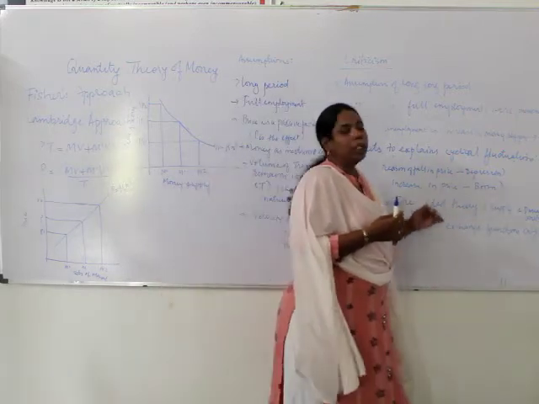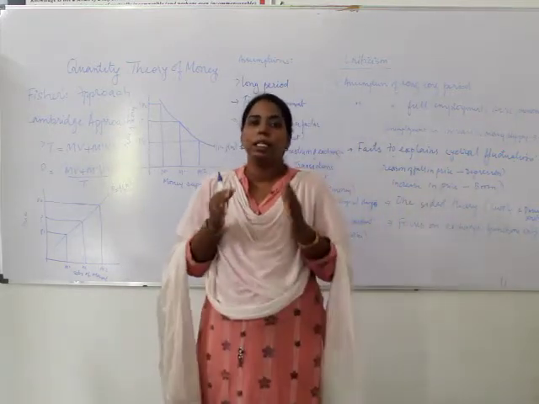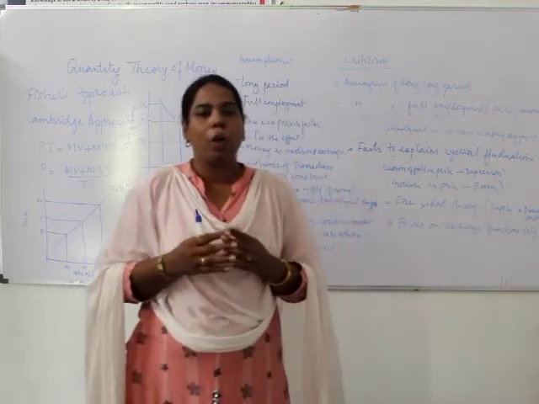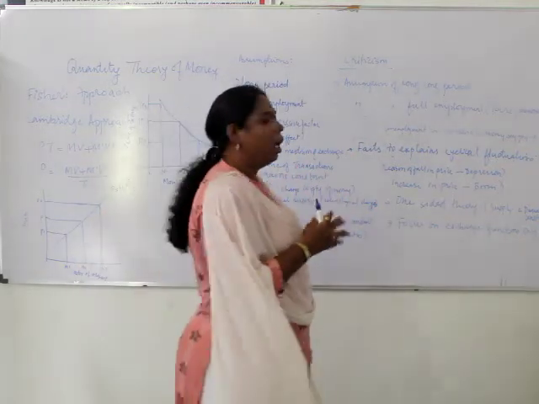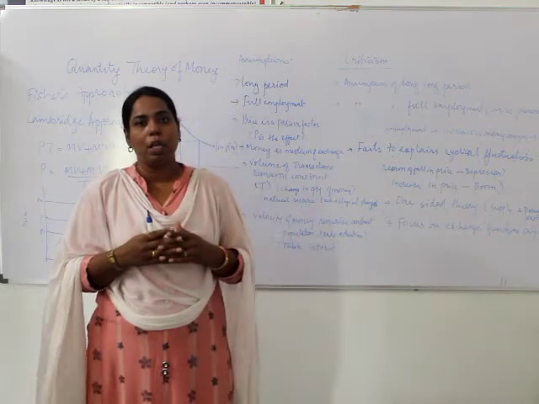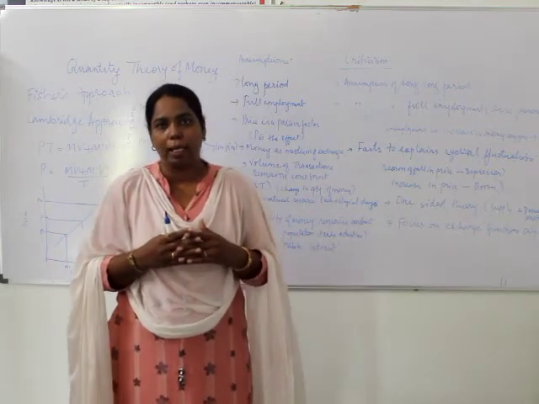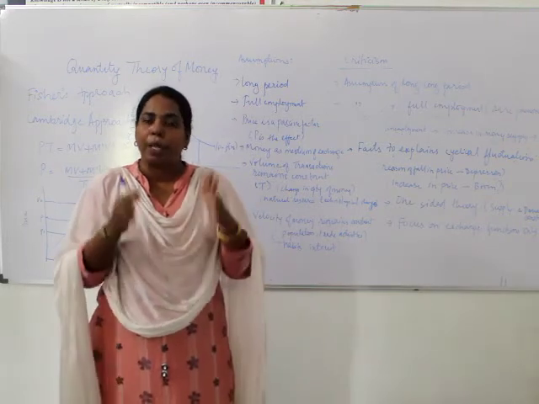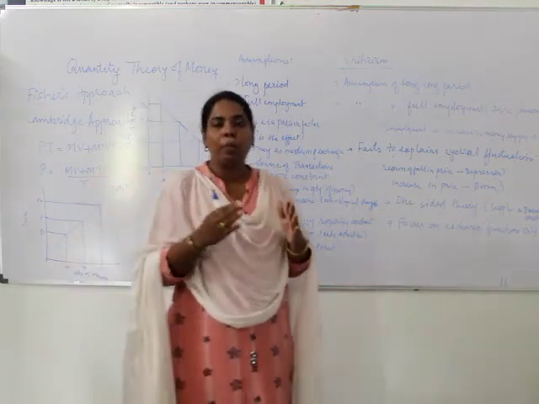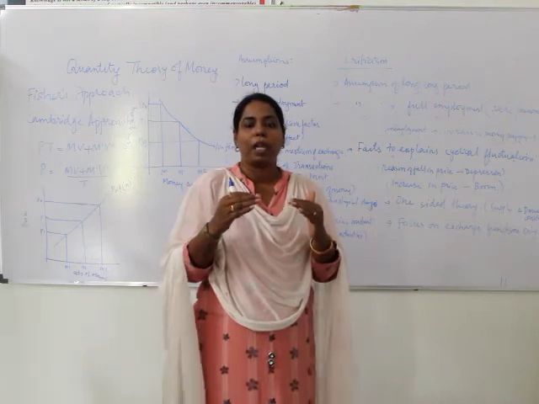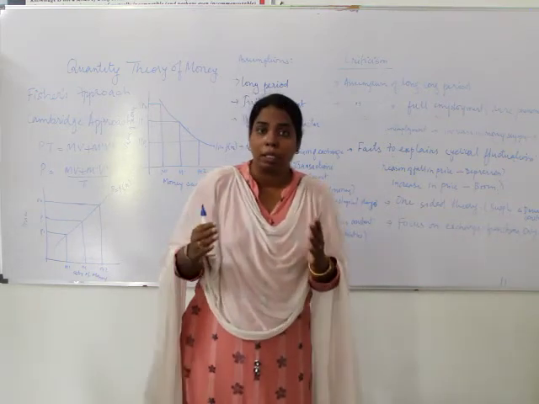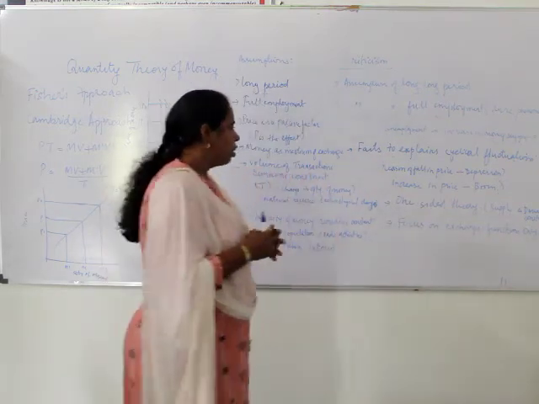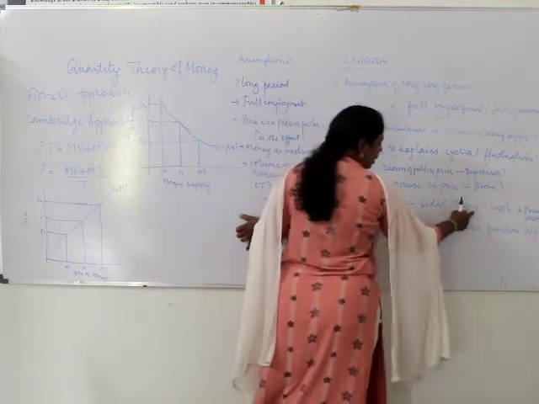Then again the theory is criticized as a one-sided theory. Here the focus is more on the supply side of money rather than the demand side. Fisher actually assumed that the demand for money remains constant. So on this ground also this theory is criticized.